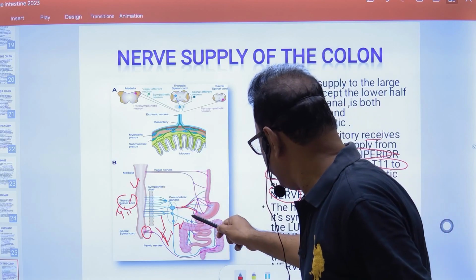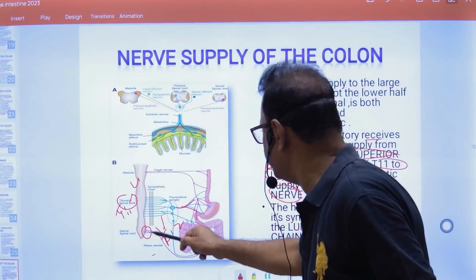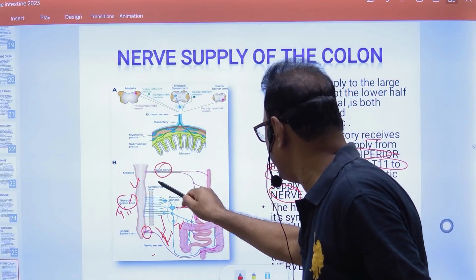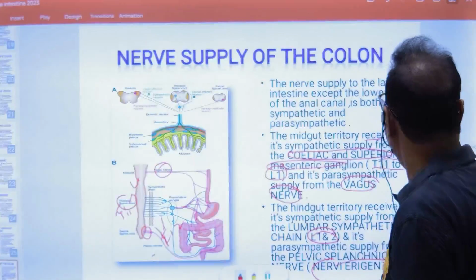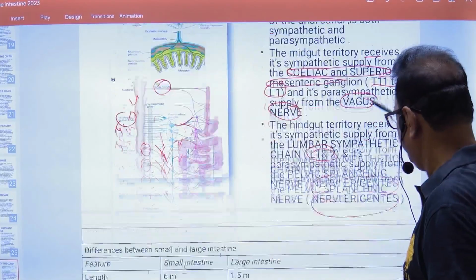So they are the sympathetic chains, and they are the parasympathetic chain. We have got the vagus nerve, of course, over here, and the vagus nerve takes care of the midgut region.